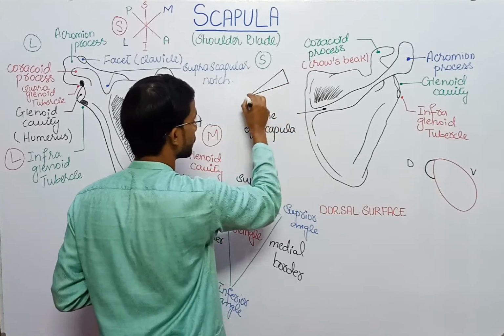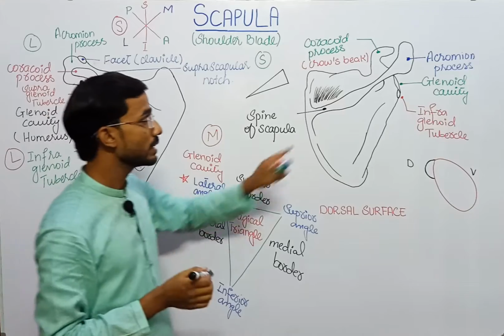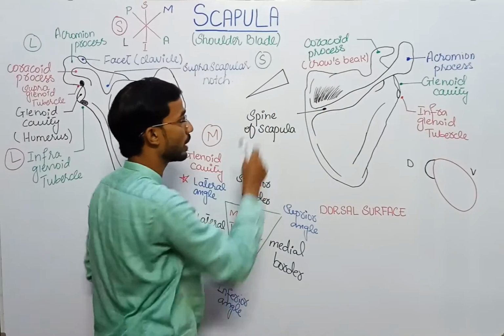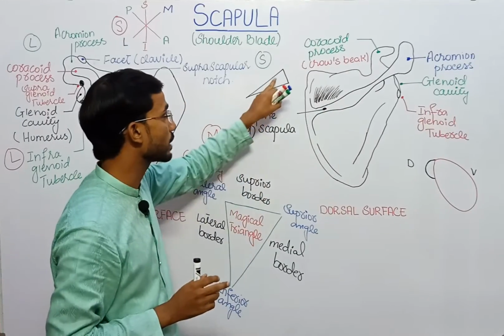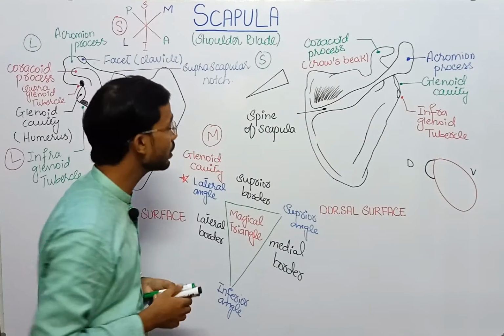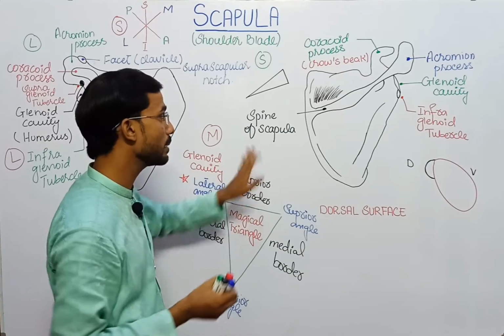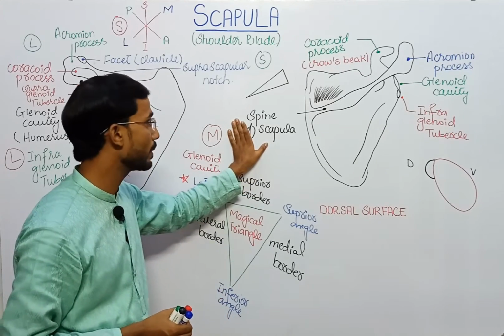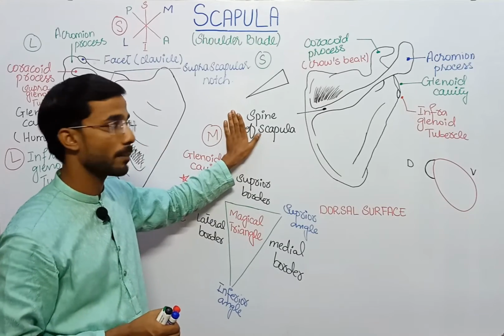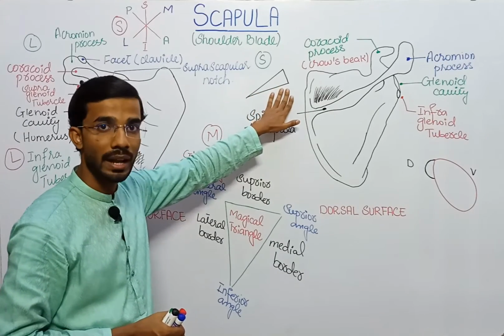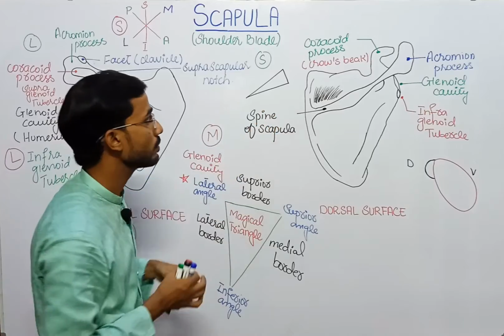The spine of the scapula is present in a triangular shape. So remember that the spine of the scapula is basically triangular.